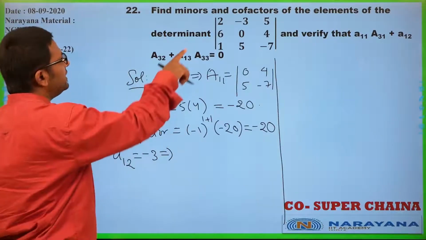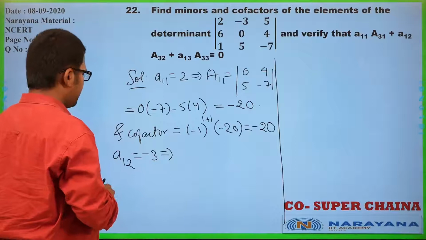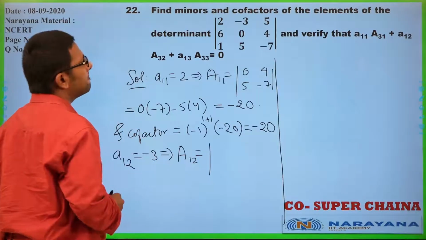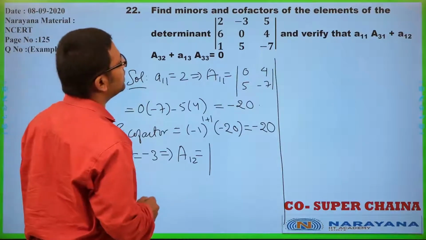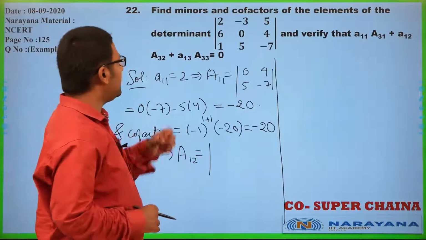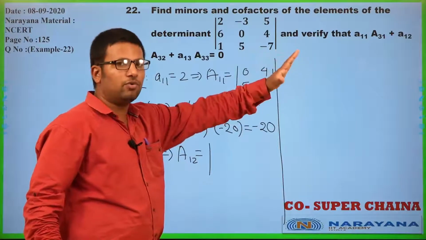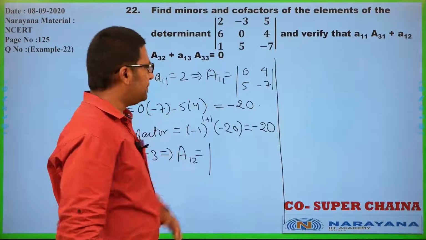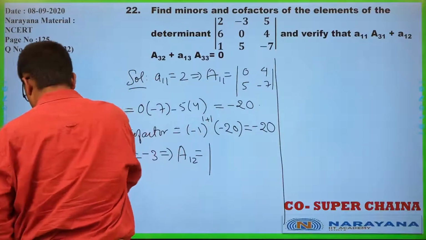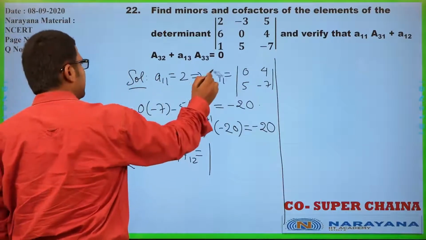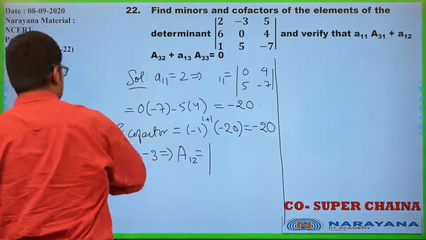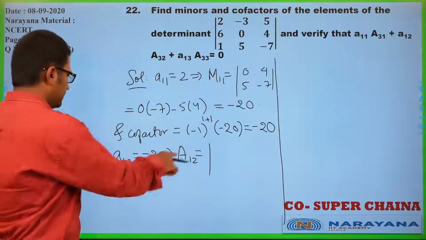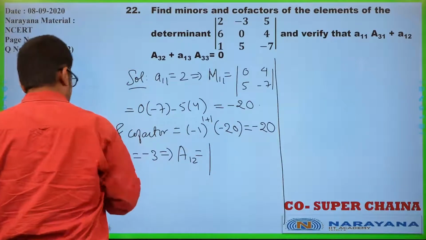Then A12 is minus 3, then capital A12 would be, hold on, actually capital A here is used for cofactor, which is not clearly mentioned in the question. No problem. We will stick to the M notation here, and for cofactor we will use capital A. So this also becomes M12.